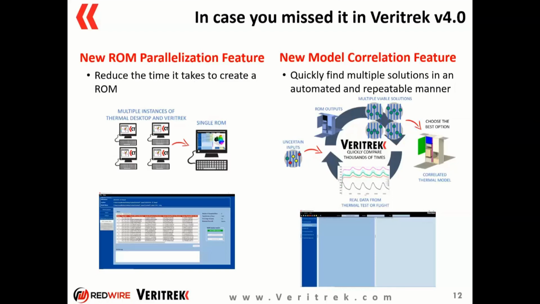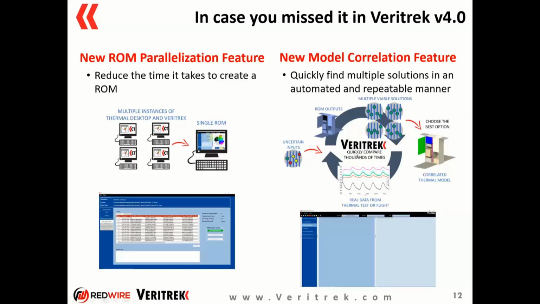The caveat being, if you have multiple Thermal Desktop licenses available, you can generate your training data in parallel. You can open up multiple instances of the creation tool, let Veritrek create that training data in parallel with multiple Thermal Desktop licenses, merge that training data back together, perform the data fit on the entire training data set, and help speed up the ROM creation process.